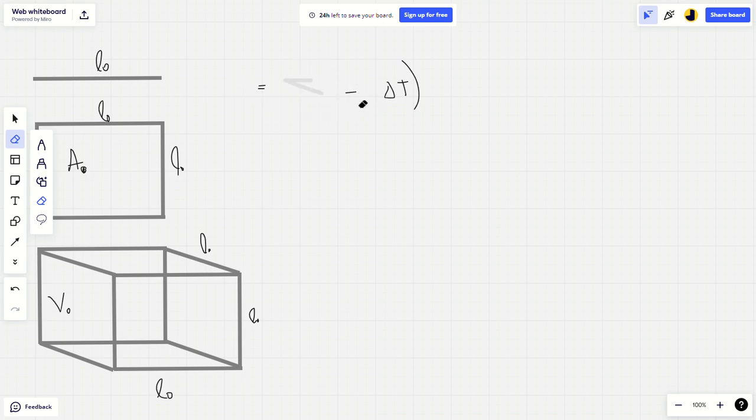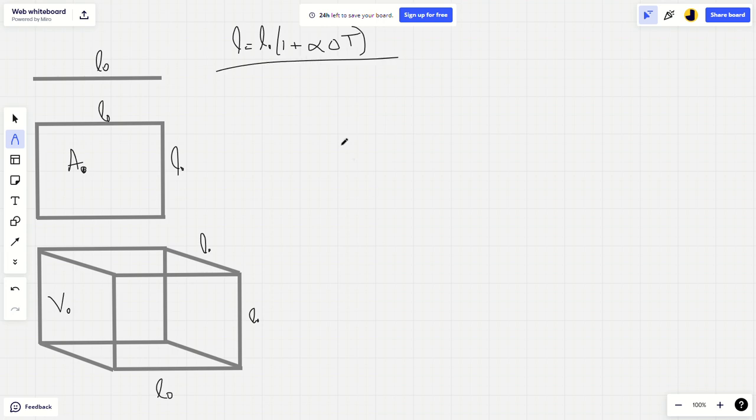So let me erase this now, and I'm just going to write this short up here: L equals L0 (1 plus alpha delta t). Now let's go to the second one, because this one is going to stay unchanged.